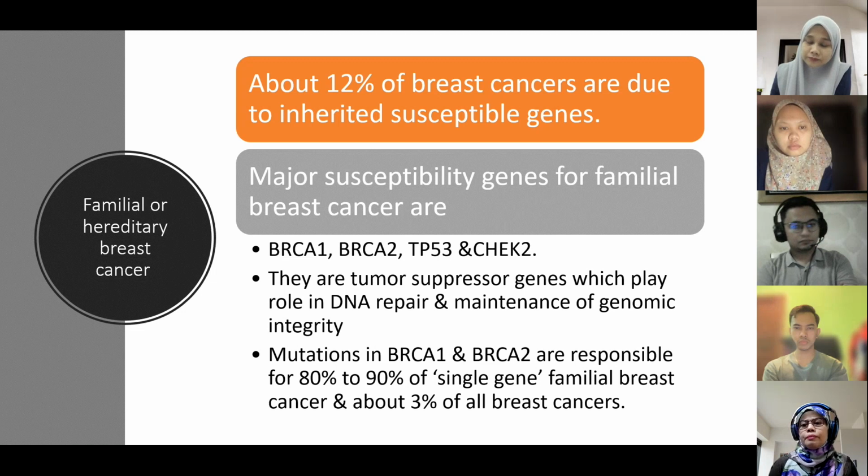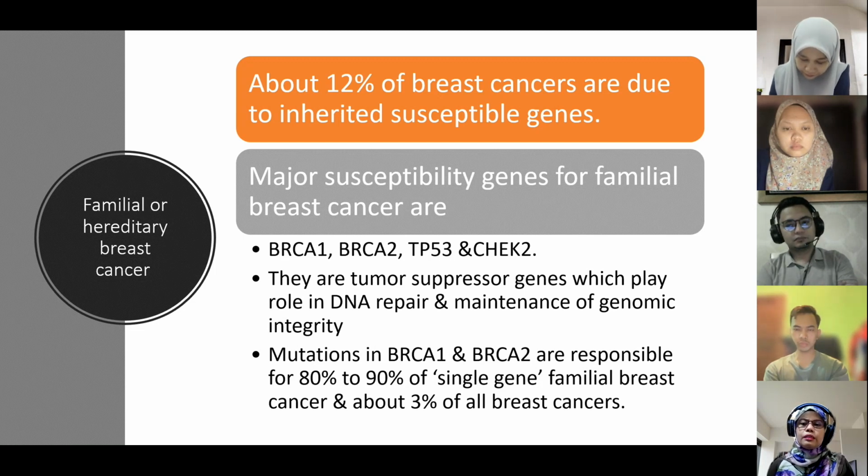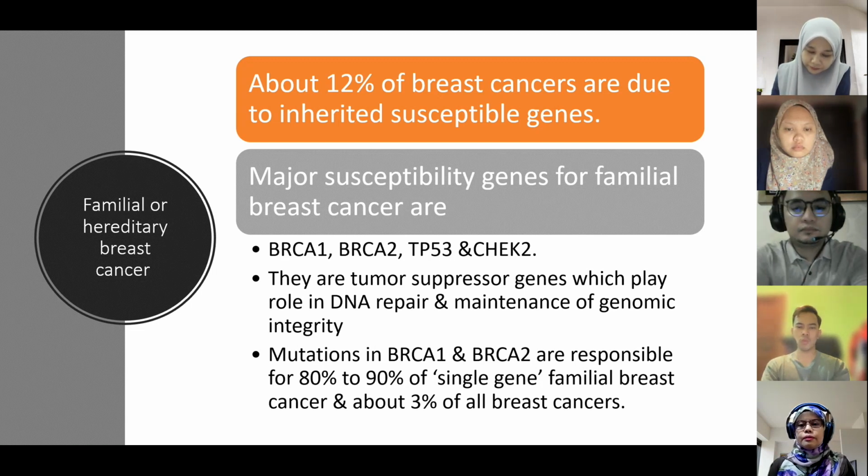They are tumor suppressor genes which play a role in DNA repair and maintenance of genomic integrity. Mutations in BRCA1 and BRCA2 are responsible for 80% to 90% of single gene familial breast cancer and about 3% of all breast cancer.